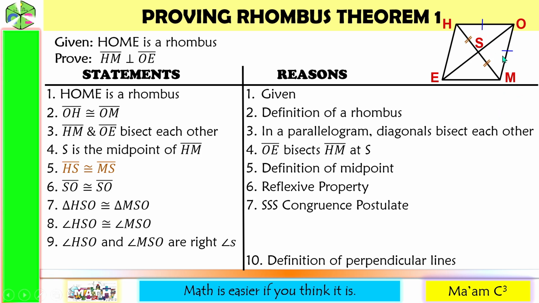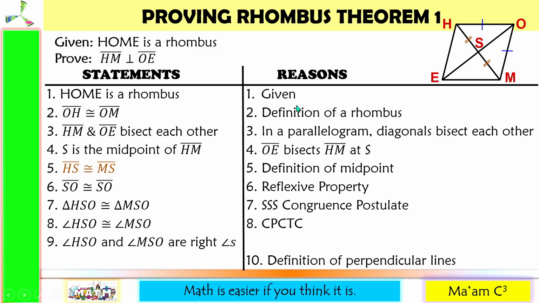If these two triangles are congruent, then statement 8, angle HSO, so this one, is congruent with angle MSO, this one. And what is the reason? Because these two are congruent, then their corresponding parts are also congruent. CPCTC. So that is a hint.